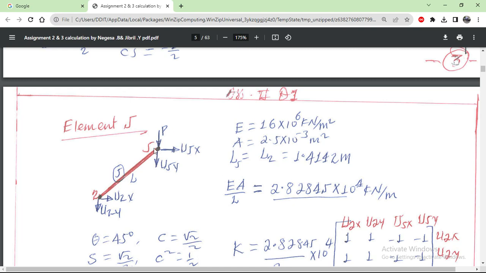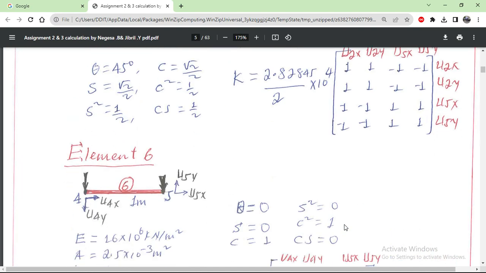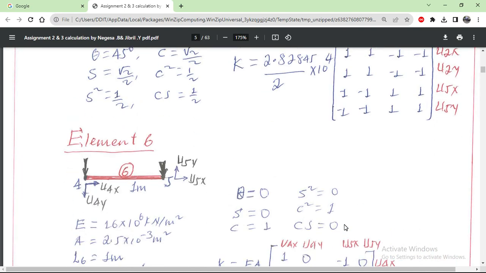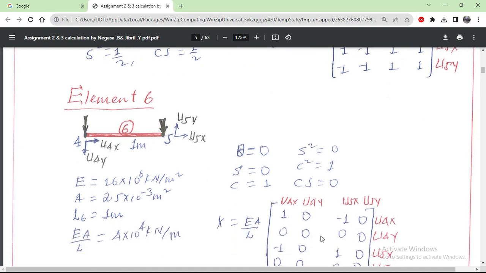The inclination of this one is 45 degrees. So we generate the stiffness of element number 5 like this. For element number 6 it is on a straight line, theta equal to 0 degrees. We generate the stiffness of the element for element number 6 like here.